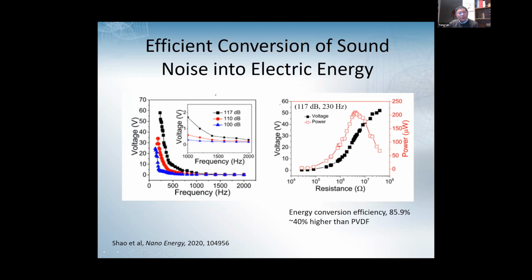For the PVDF, it's about 500 hertz, but for the PAN it is broadened to 1,000 hertz. For the same device size, the PAN generates about 57 volts output with power about 10 times higher. And compared with the PVDF, the PAN has 40% higher conversion efficiency.